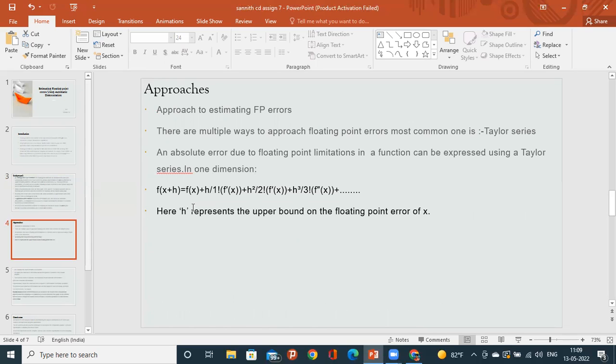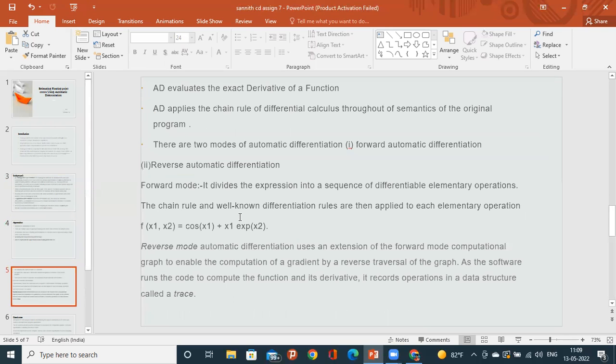An absolute error due to floating point limitations in a function can be expressed using a Taylor series. The other approach is algorithmic differentiation, which evaluates the exact derivative of a function. There are two modes of automatic differentiation. The first one is forward automatic differentiation, and the second one is reverse automatic differentiation.